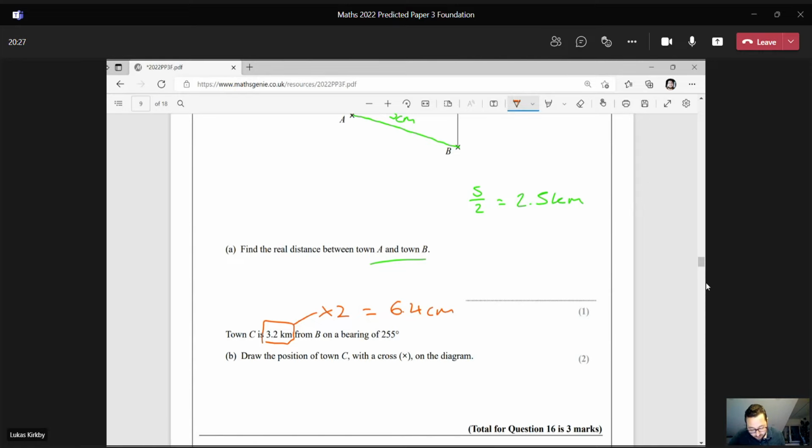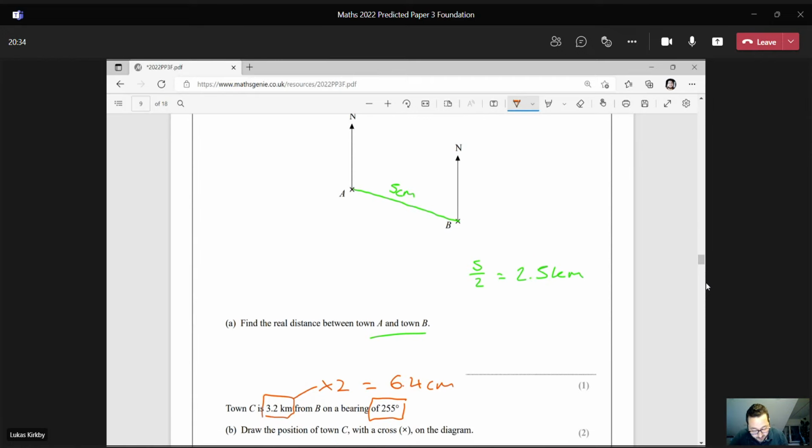And then the angle is 255, the bearing. Now that always comes from north. So if you have a 360 degree protractor, 255 might look something like that maybe. Now if you don't have a 360 degree protractor, then you want to take away 255 from 360 and you'll get 105.